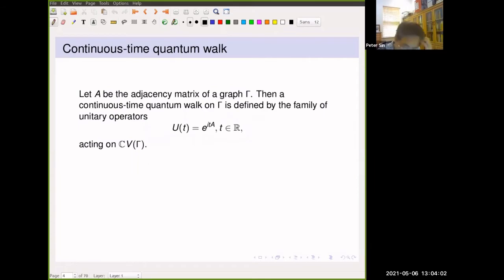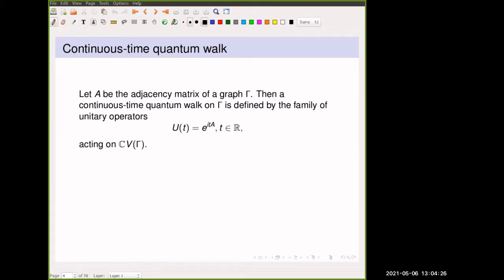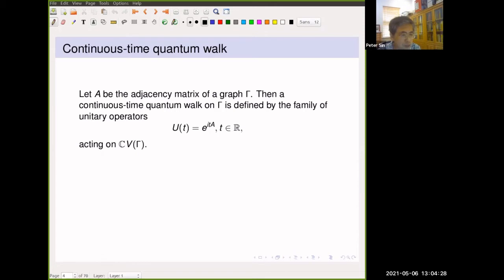Let me begin with the definition of a continuous time quantum walk. Let A be the adjacency matrix of any simple graph. Then the continuous time quantum walk on gamma is defined by this family of unitary operators, U(t) = e^{itA}, where t is in the real numbers.